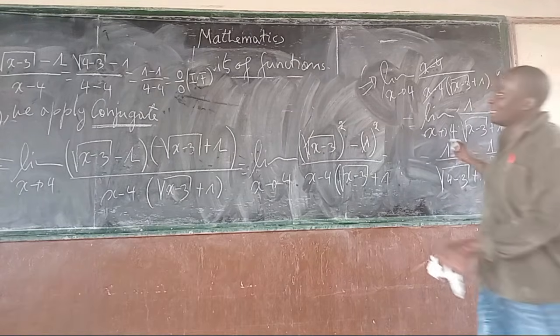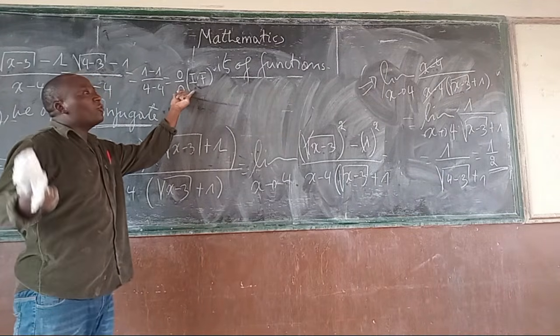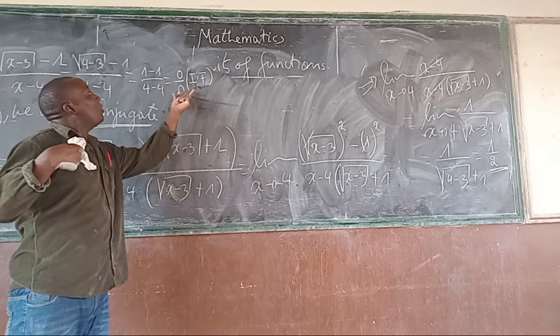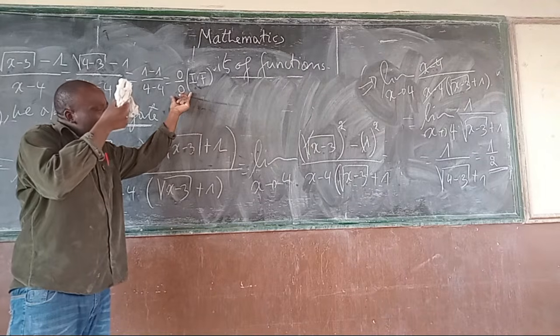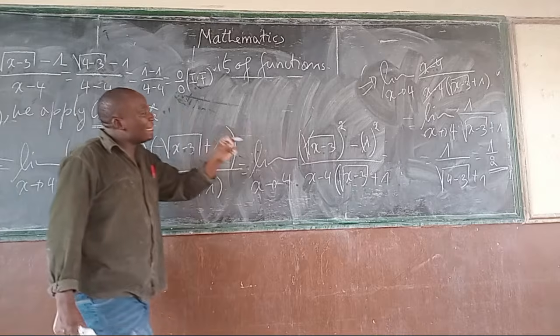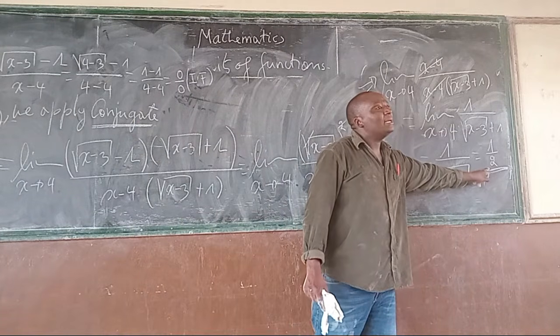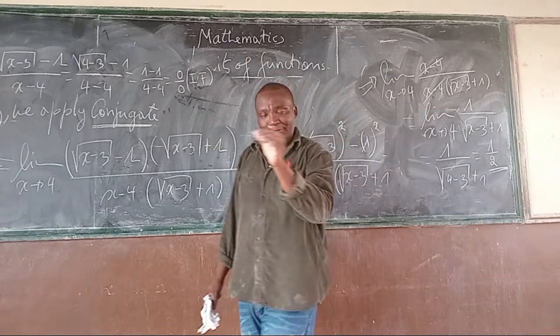Teachers, as you see, even I meet with this barrier of indeterminate form. I find the way of rejecting this form so that I can get the real limit of my given function. Teachers, understand these things.